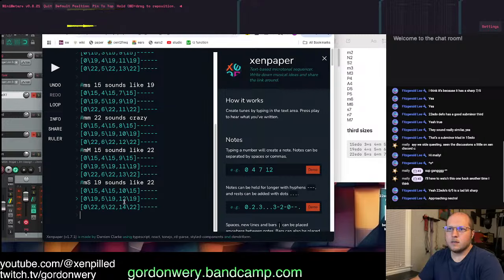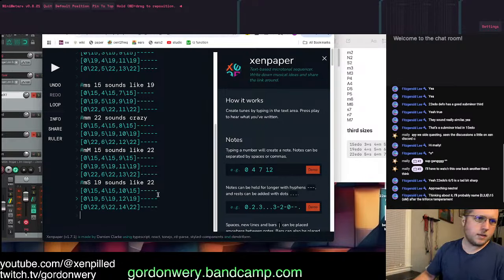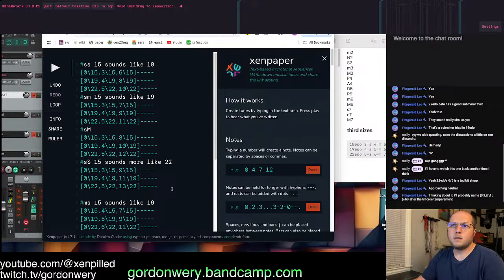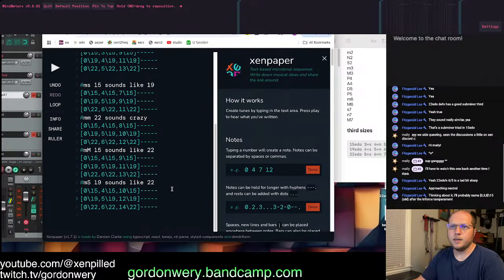And this is the sense of minor. So that makes sense. They have the same name in both tunings. Thinking about it, you probably name 038 out of 15 after the Triforce temperament. Oh, okay. Yeah, it's like a quartal thing. But yeah, I could see that.